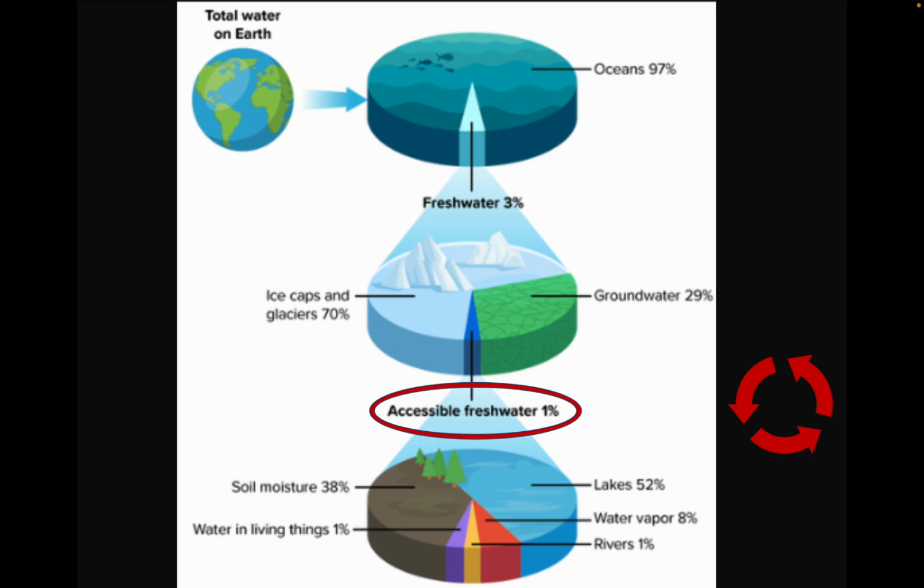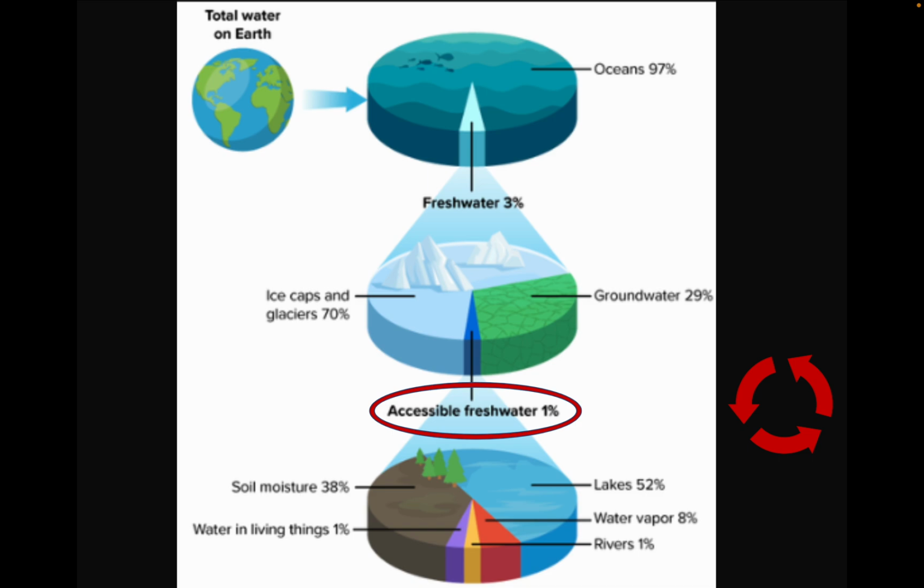And the accessible fresh water that we have, that's fresh water that we can actually get to, is only 1% of the 3% of fresh water. It's crazy. We live on a planet that has liquid water, but we don't have access to drinkable, potable water all the time. We have to have it treated. It's just wackadoo.